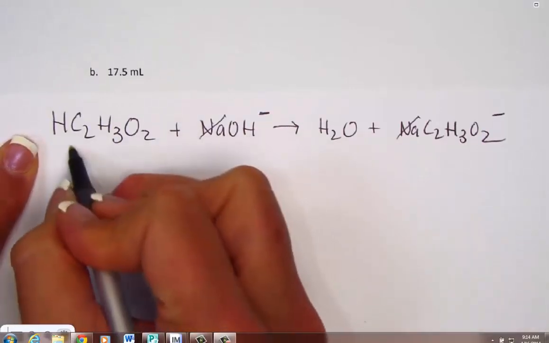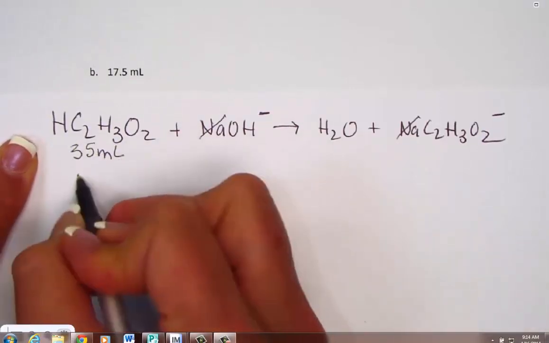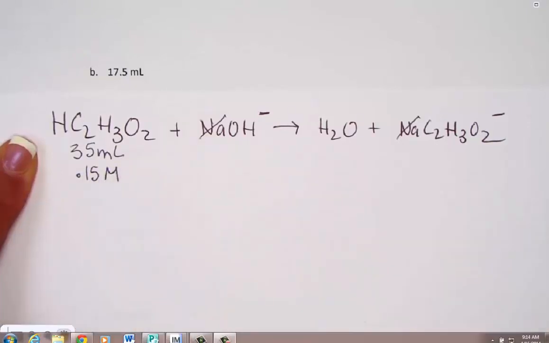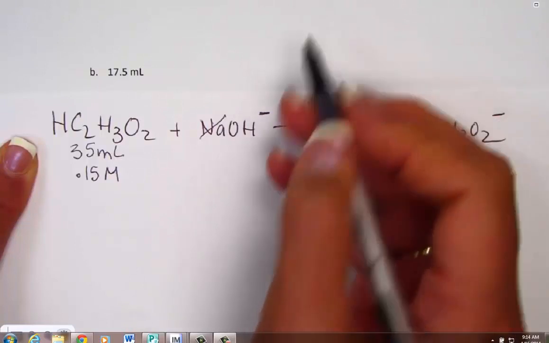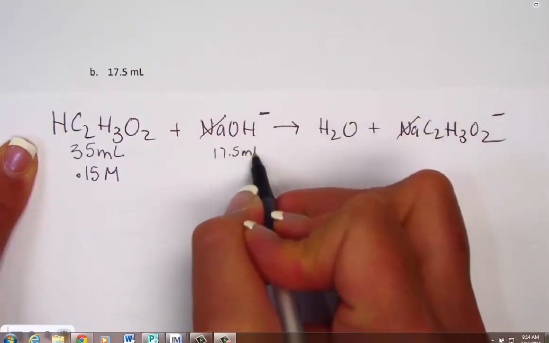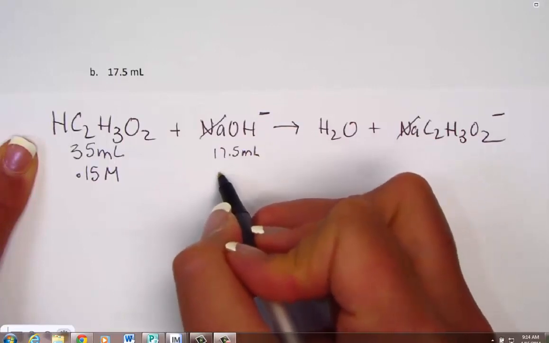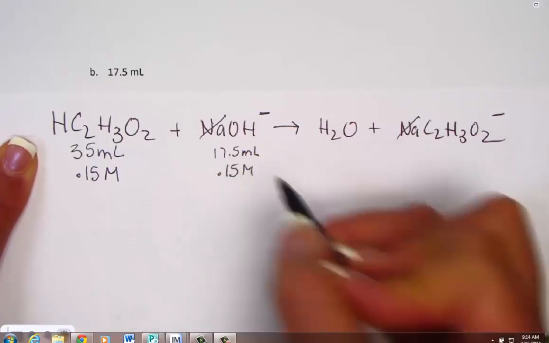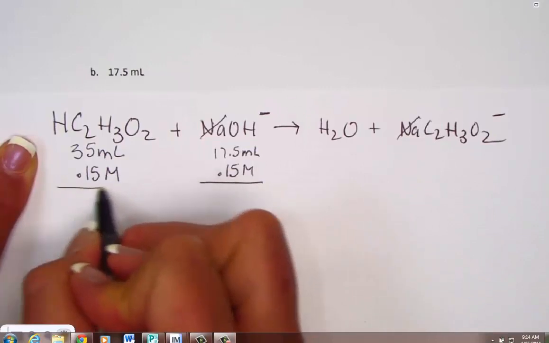Here we still are having 35 mils provided of the acetic acid, 0.15 molar in strength. Over here we have 17.5 milliliters of the strong base. That's also 0.15 molar in strength. How many millimoles are present?